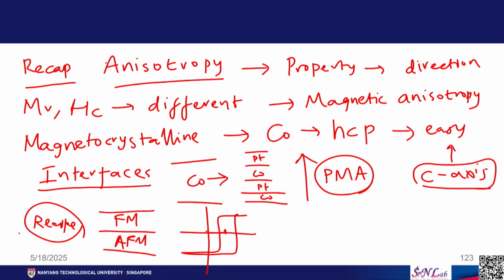We call this exchange bias field or HEB. In this case you see a shift, and you also see that the hysteresis loop has only one remnant state. So, this is also called unidirectional anisotropy.